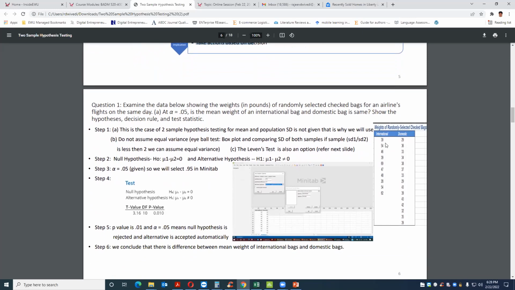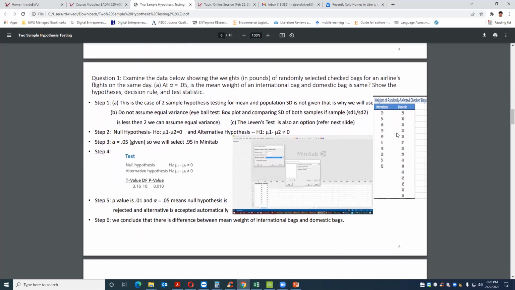This is the question I think I asked you in the assignment. Look into the weight of randomly selected bags. These are international bag weights. These are domestic weights. And we have two samples. One is 37, one is 17, one is I think 20. I don't know exactly, so look into the question here.